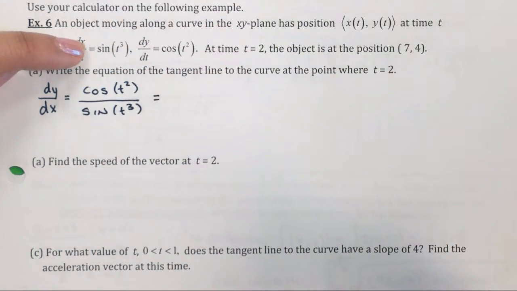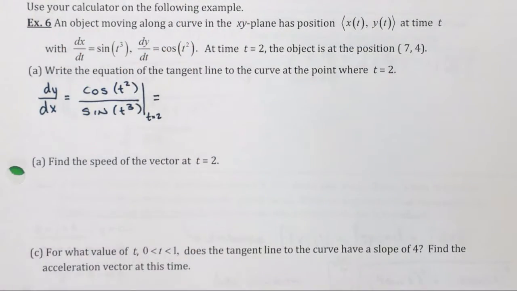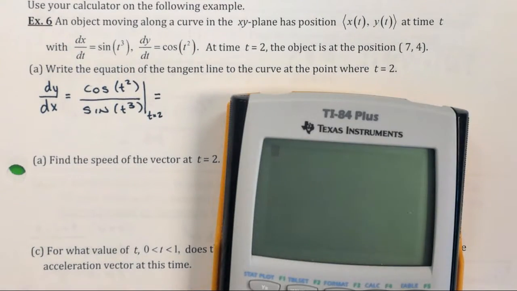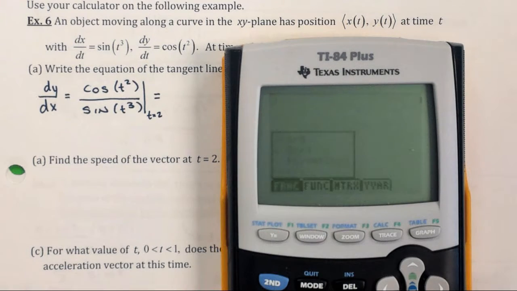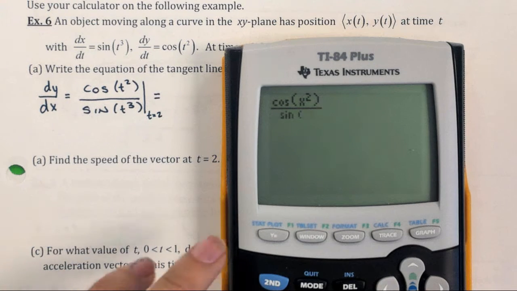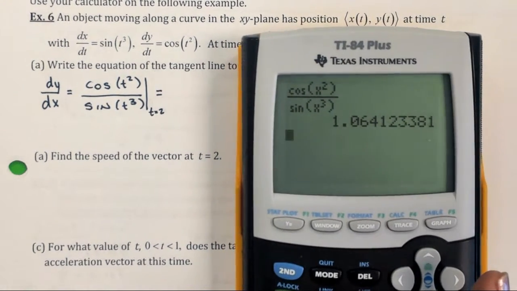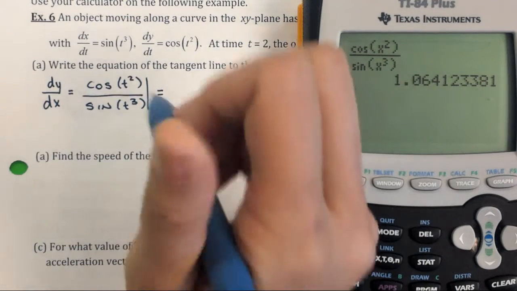So let's just do it at t equals 2. Oops. Cosine of t squared over sine of t cubed. 1.064.